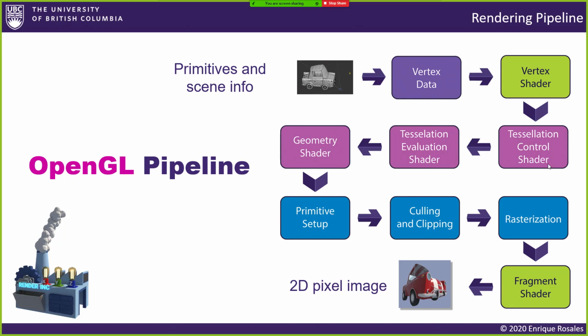In particular, the stages that are super important for us and for this computer graphics course are the vertex shader and the fragment shader. Basically the rest of the stages are fixed in the GPU, or fixed in the rendering pipeline. The vertex shader and the fragment shader are the only ones that you can actually program. You can also play a little bit with the geometry shader. I will explain that later, but those are the main important ones, right?